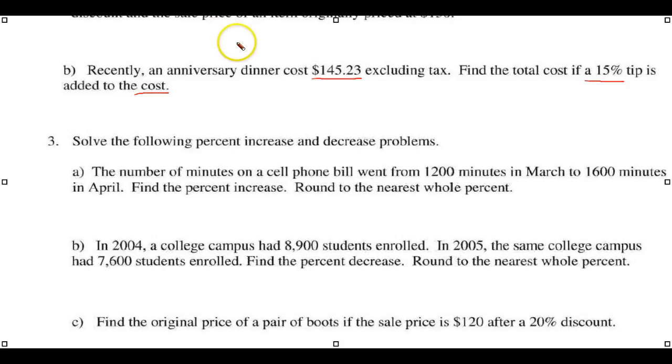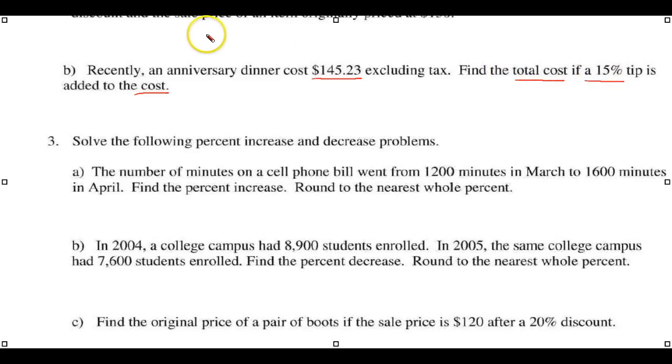What would that be? Find the total cost. Well, what will you pay in percent of this original price? And the answer is you're going to pay 100%, that would be all of this, plus 15%.